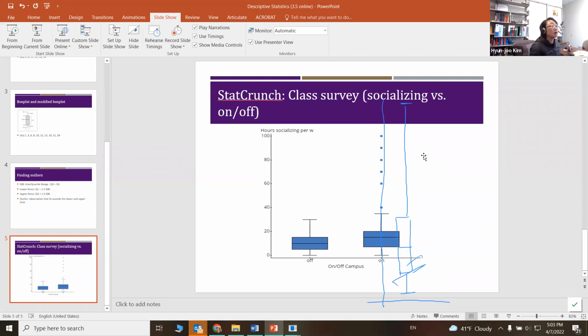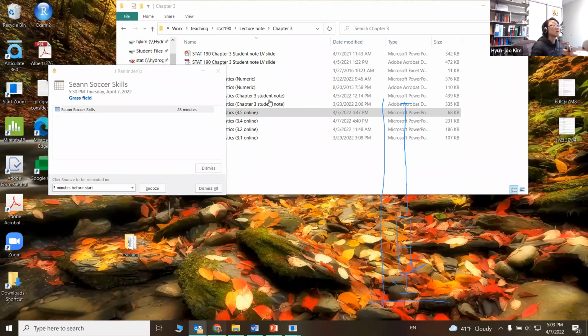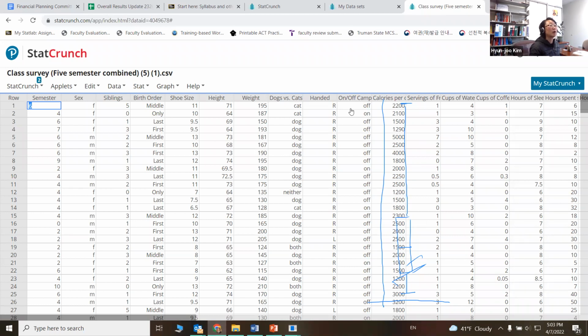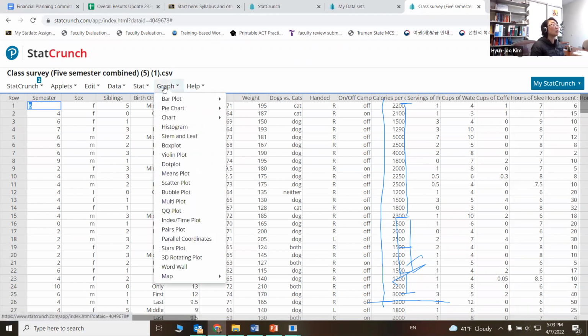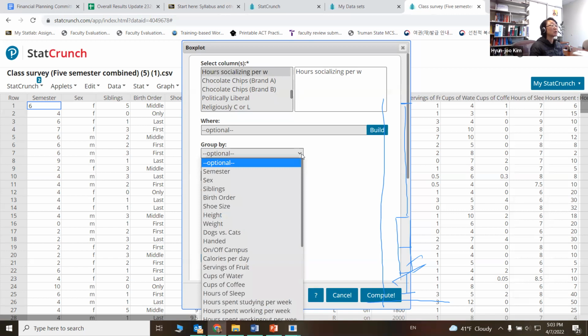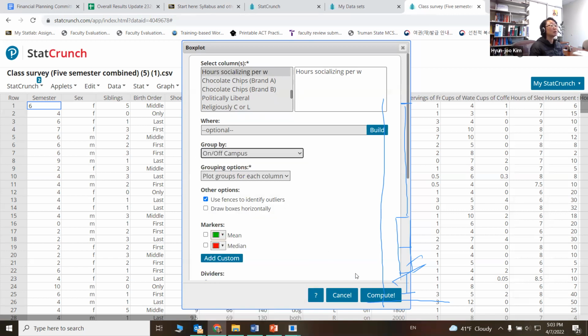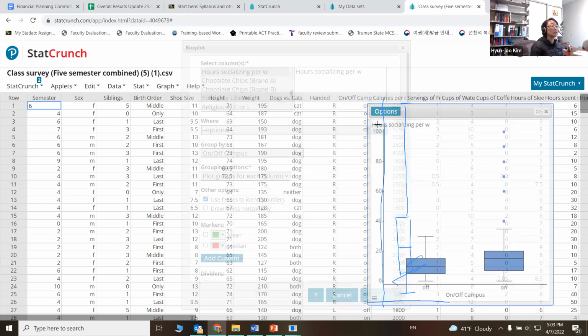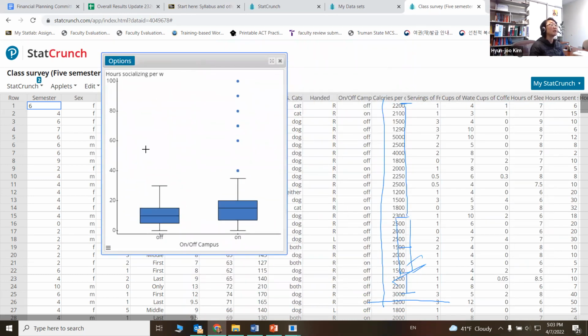If you go to StatCrunch, you go to Graph, and there's a box plot. Then you have hours of socializing, and I will stick with on and off campus as well. Then you can change other things, but I think we're good here. Okay, and then you will see this side-by-side box plot. This is off-campus students, and these are on-campus students.